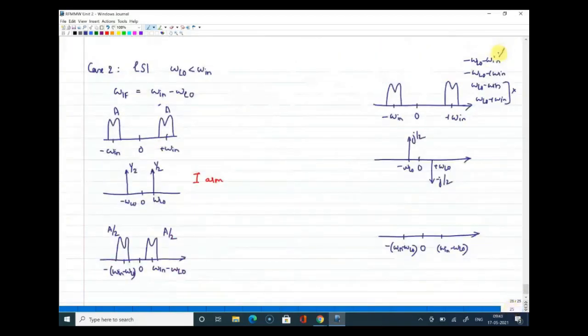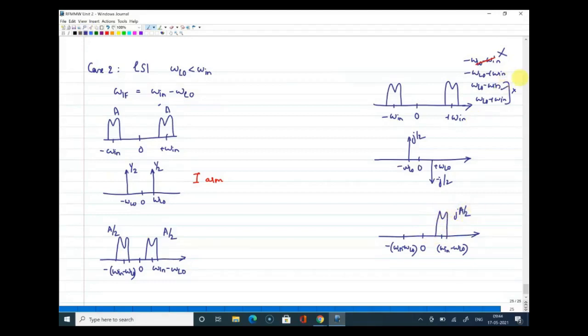Anyway, we will not take this component because this is the sum frequency. Now omega in minus omega LO on the right side will not have any negative amplitude, so this is j into A by 2.